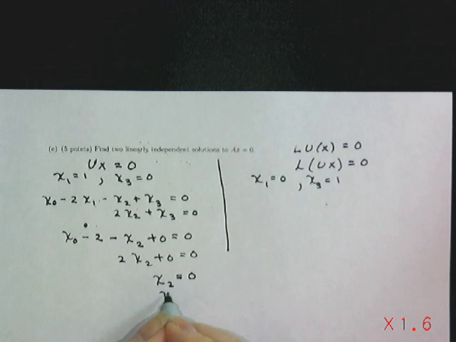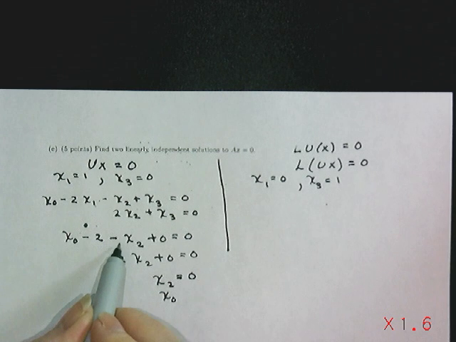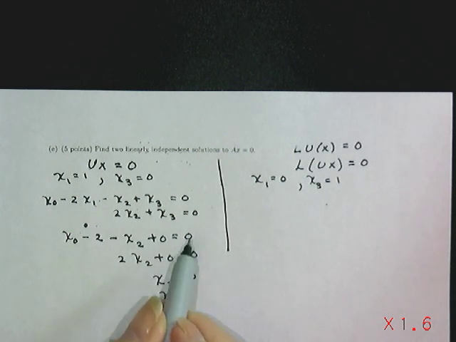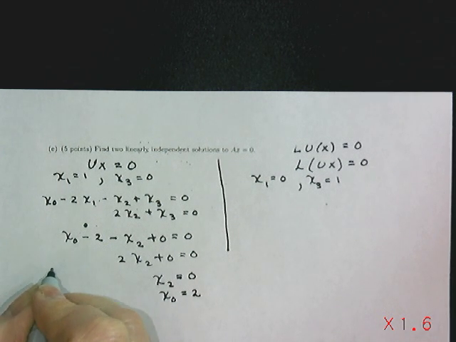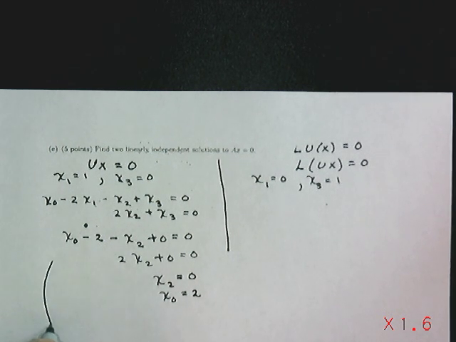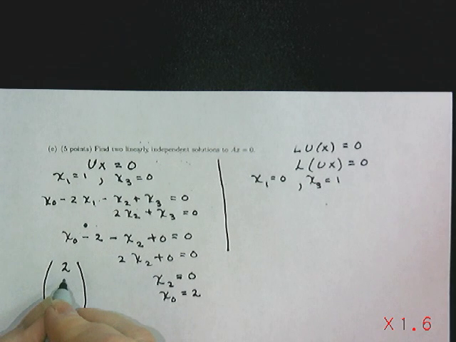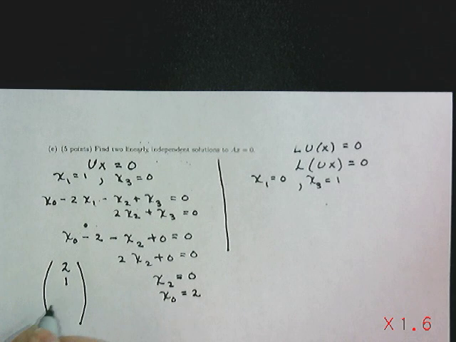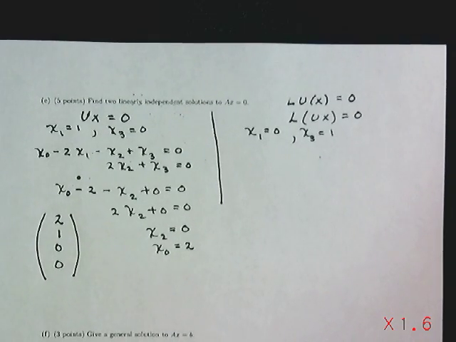And that would mean that chi0 minus 2 minus 0 plus 0 is equal to 0, which means chi0 would have to be equal to 2, which means one solution in the null space is 2, 1, 0, 0.